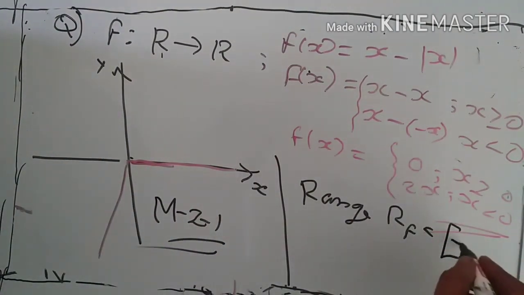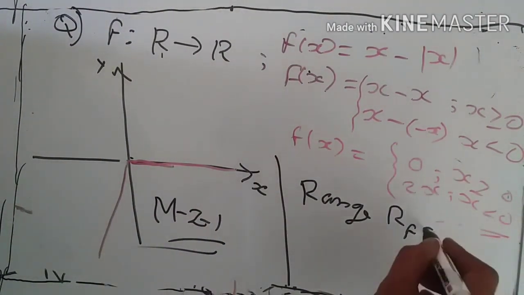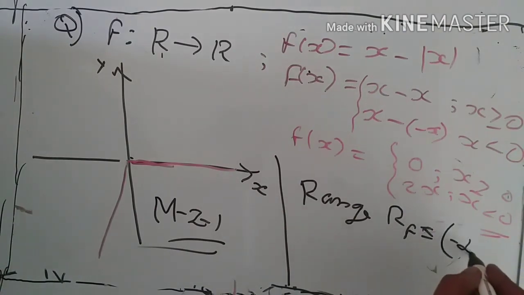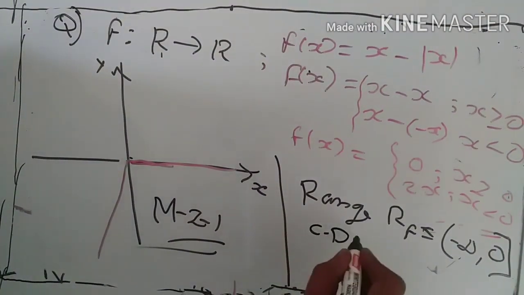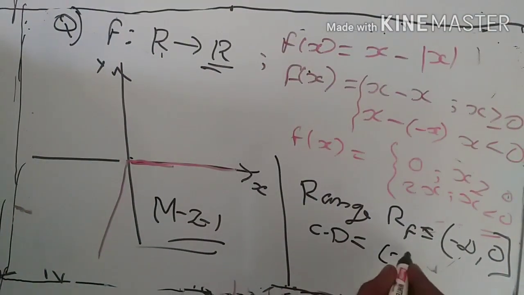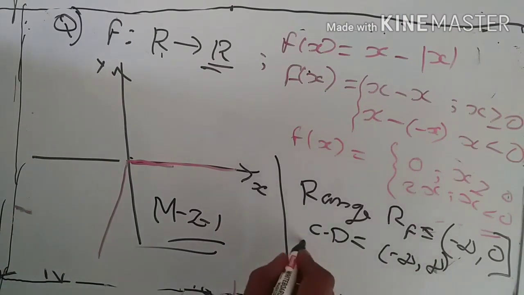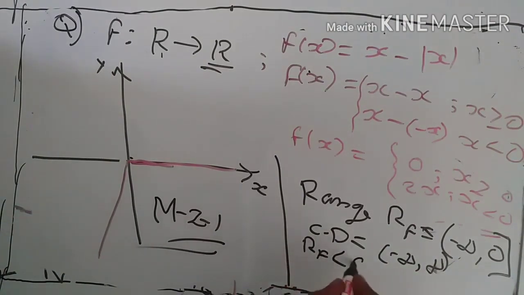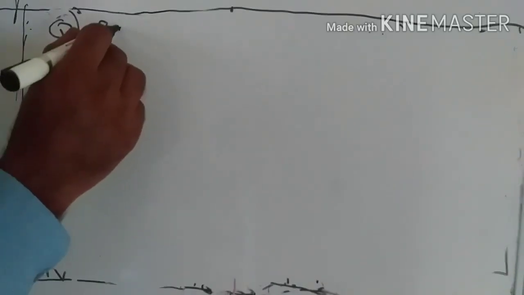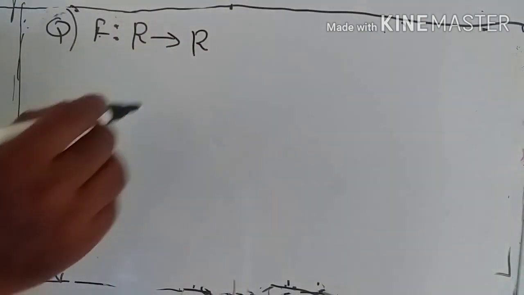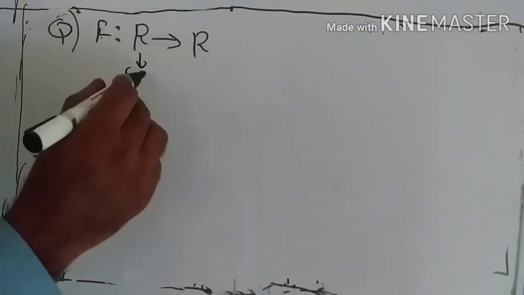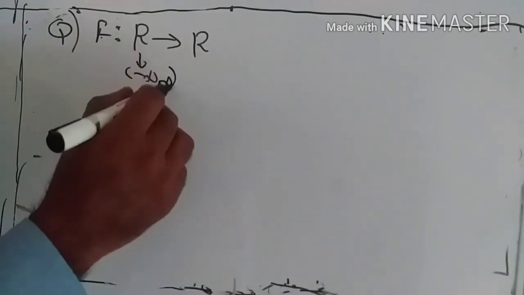So the range is minus infinity to 0, and the codomain is R, minus infinity to infinity. The range is less than the codomain, so the function is an into function. This is from R to R, that is, the set of real numbers.